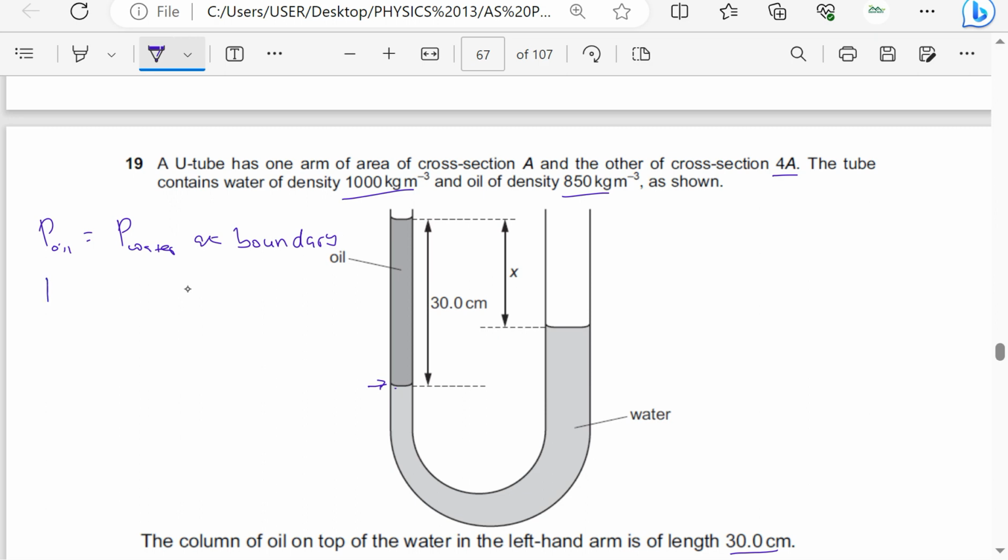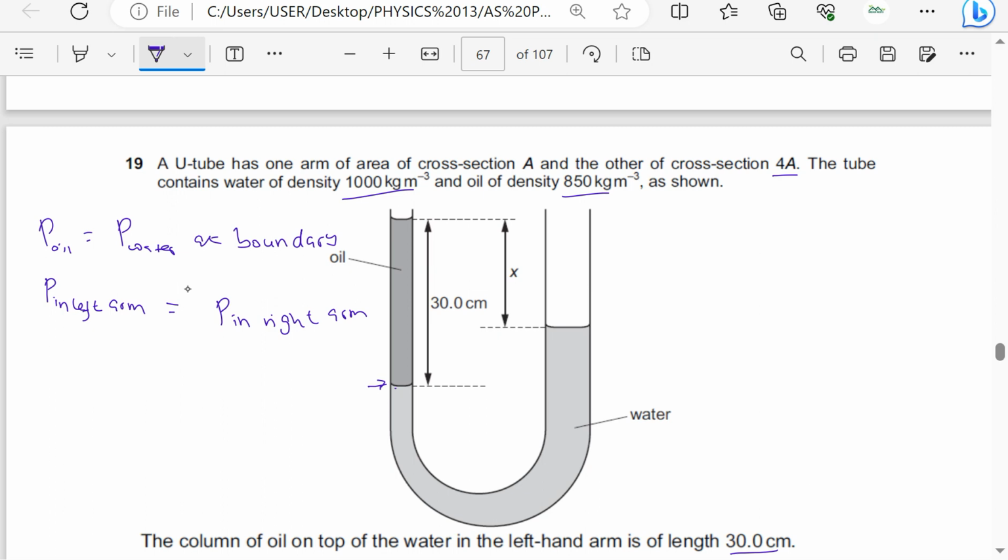Then pressure in the left arm should be equal to the pressure in the right arm. Let's find the pressure in the left arm.